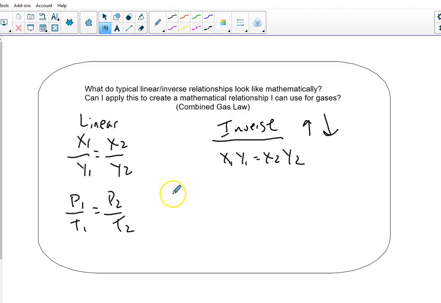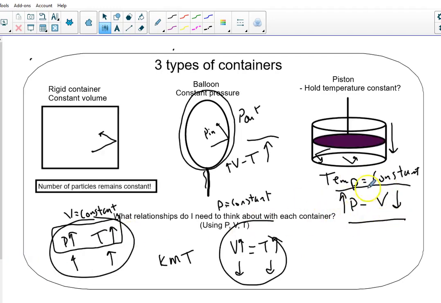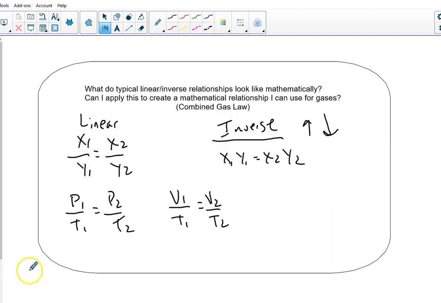And the other one would be V1 over T1 equals V2 over T2. The last one here was an inverse, a reciprocal relationship. So this is what we got: P1 V1 equals P2 V2.